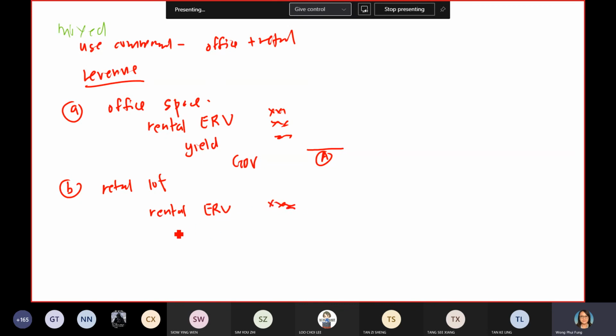Then you still assume that you can collect the rental forever, so you calculate the yield. Here you multiply. Then you have another GDV. So this is B. You sum up A and B, and that will be your total GDV for office and retail.